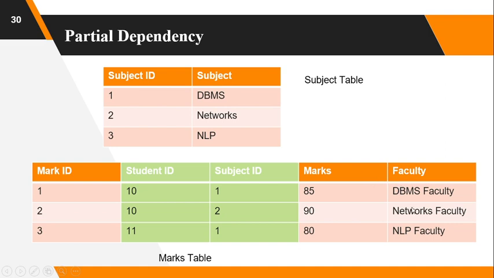A non-prime attribute is partially depending upon a prime attribute. These two are prime attributes, and this non-prime attribute faculty is partially depending upon the subject ID. This is called partial dependency. In the second normal form, we need to eliminate this partial dependency. It should not be there in the second normal form.